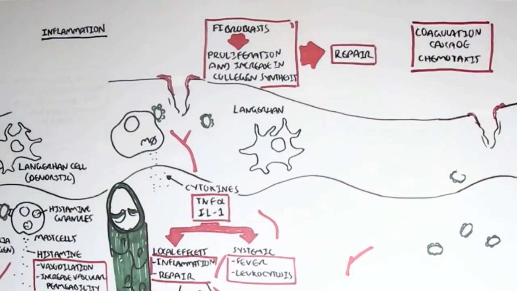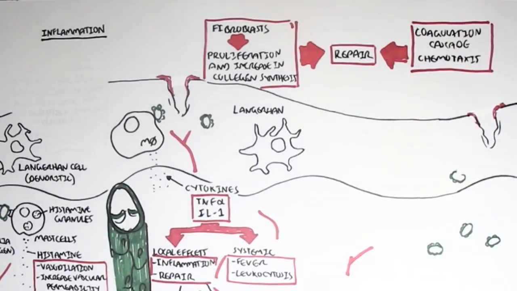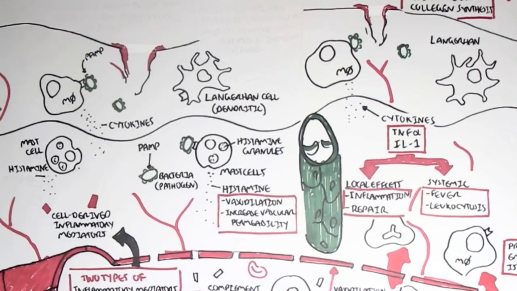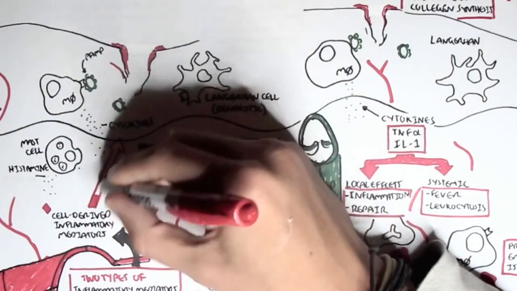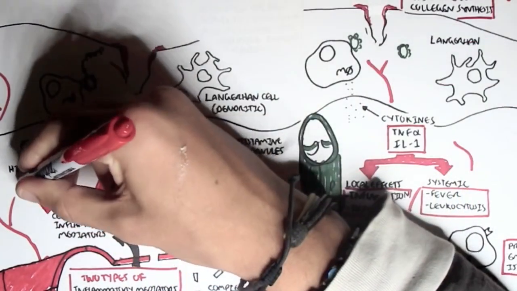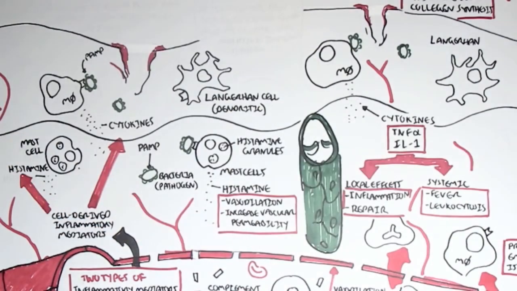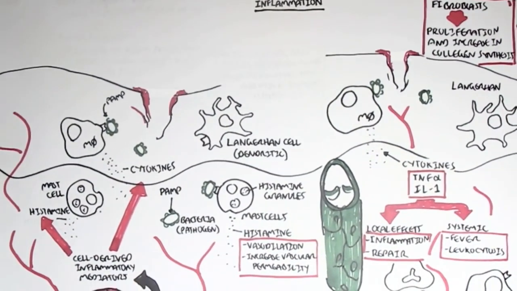Now, going back into the inflammatory mediators, remember we had two types, the plasma-derived and the cell-derived. The cell-derived are these cytokines, for example, and also histamine. These are cell-derived because they come from cells. They are made from cells.